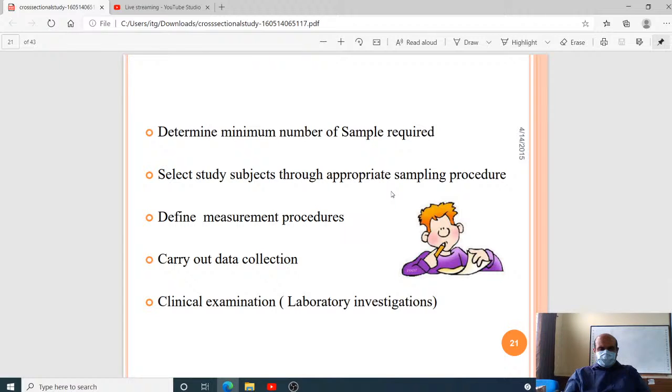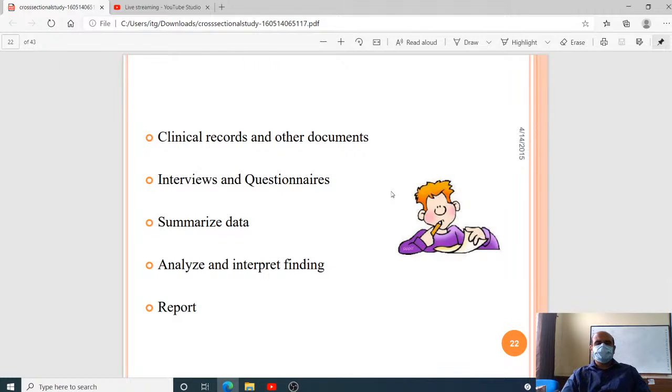Define measurement procedures. Carry out data collection. Then carry out clinical examination, then clinical records and other documents, interview and questionnaire. Then summarize data, analyze and interpret findings, and then report the findings.